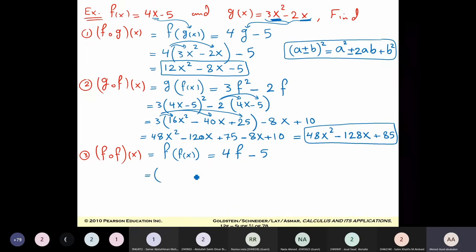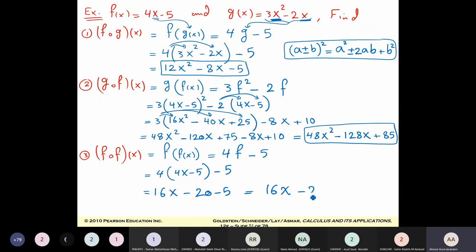The value of f equals 4x minus 5, minus 5. So we have 16x minus 20 minus 5. So we have 16x minus 25. This is the function f composite f.